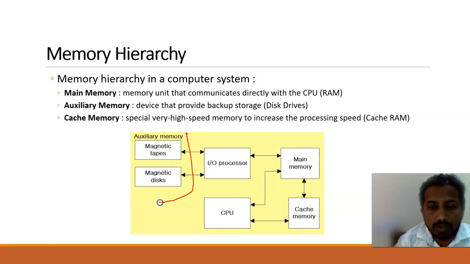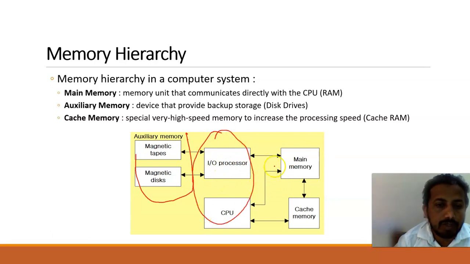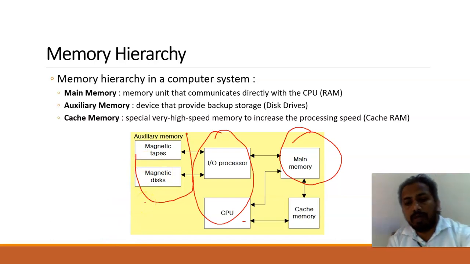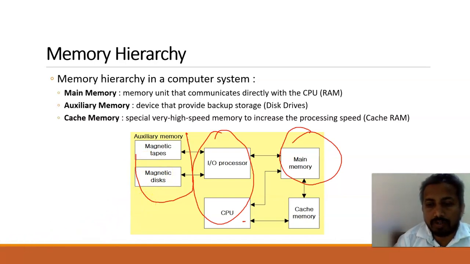Then the main processor, the CPU, along with the main memory and cache memory, which is taken into consideration when reading data from the CPU. This is the memory hierarchy available in any microprocessor system.